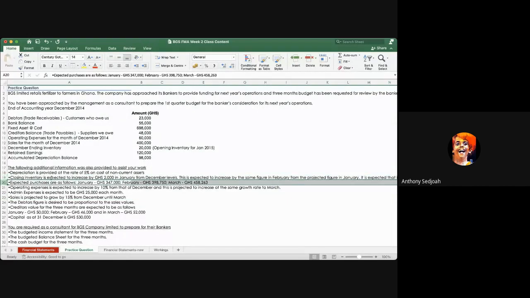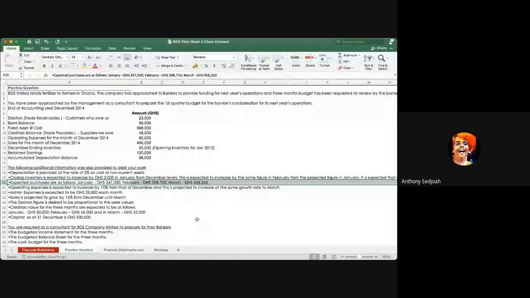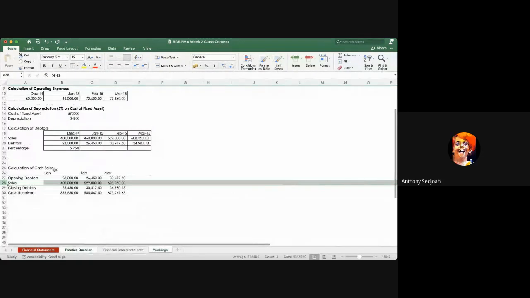You see the expected purchases in footnote item number 3. That's where we have the purchases. So as with the sales, you don't know whether this is cash or credit. We have to use that same format to identify which ones we actually paid in cash. You get it? Okay, so let's go back and work that one out.